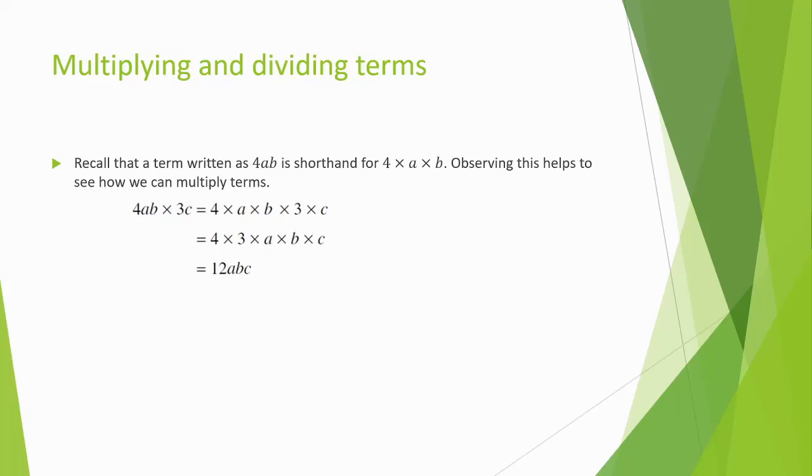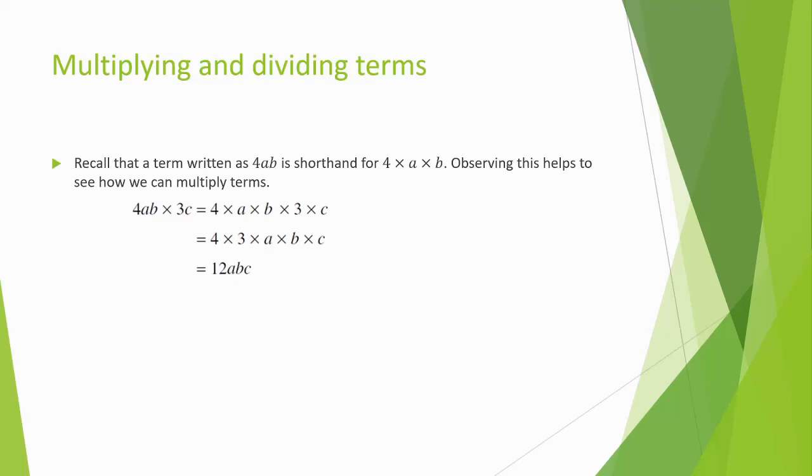Now I'm gathering all of the like elements together. So I've got 4 times 3 up the front, and then times a times b times c in alphabetical order at the back. And then we can simplify this. 4 times 3 is 12, and times a times b times c just becomes abc.